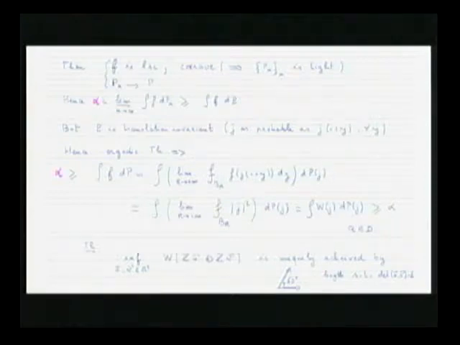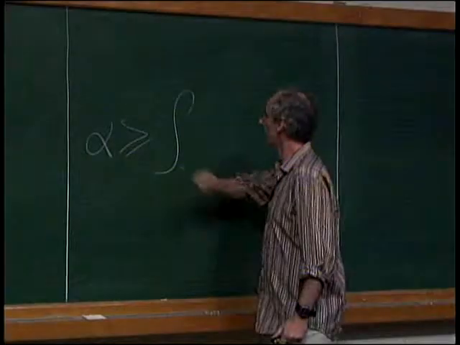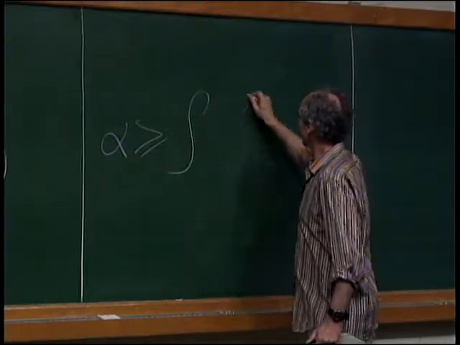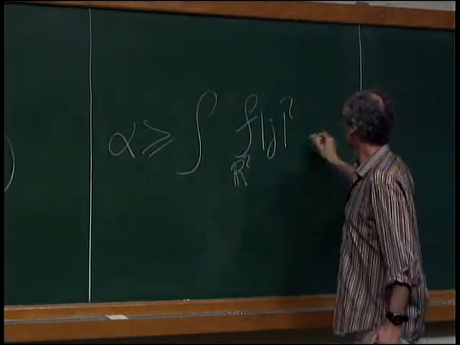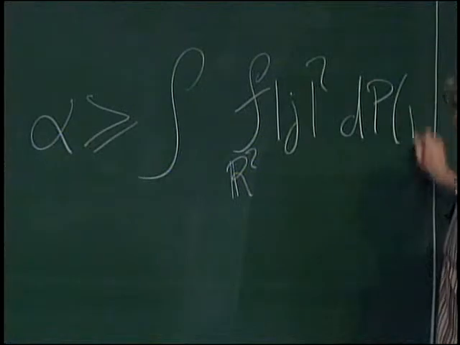And okay, so if you replace f by what it was, you recover this. I wrote this, but this is wrong. So what I meant here by W of j, what you get in the end is that alpha is greater or equal to the integral of the average over R2 of j squared dP of j.